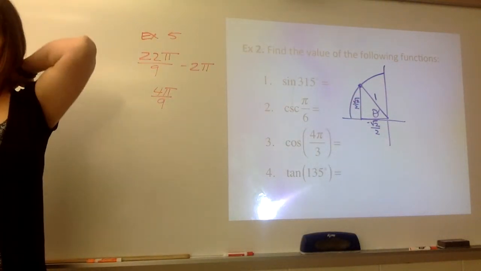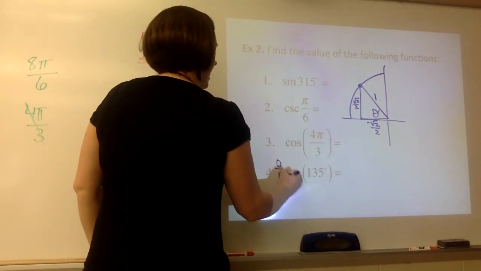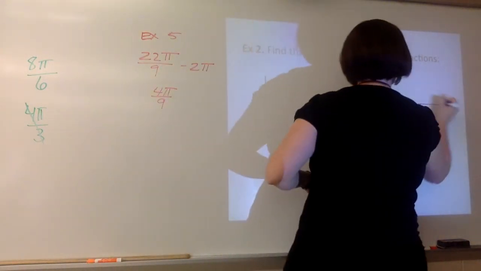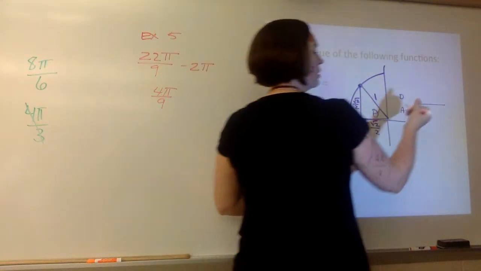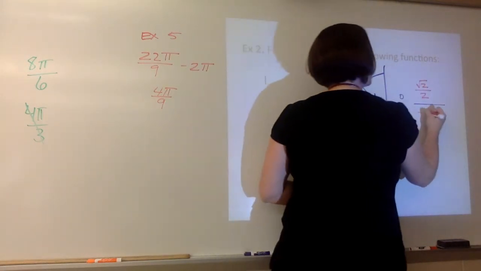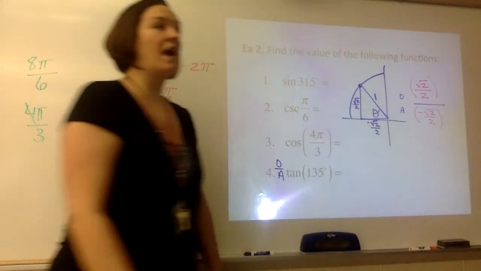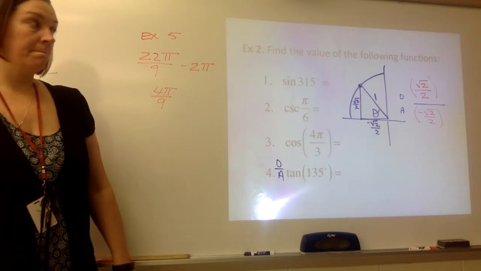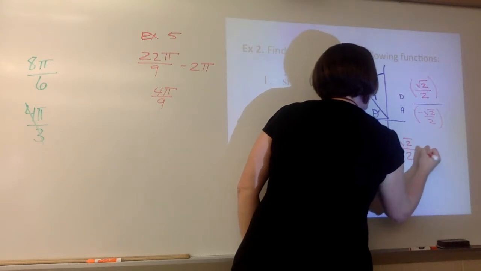What's tangent a ratio of? O over A. Okay, so I'm going to set up a fraction here, because I want O over A. My opposite side is root 2 over 2. My adjacent side is negative root 2 over 2. Notice fraction divided by fraction, a superfraction. What is the rule for reducing that? Take the numerator times what?